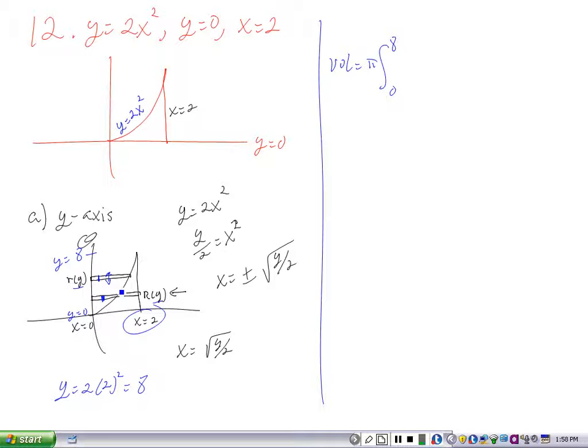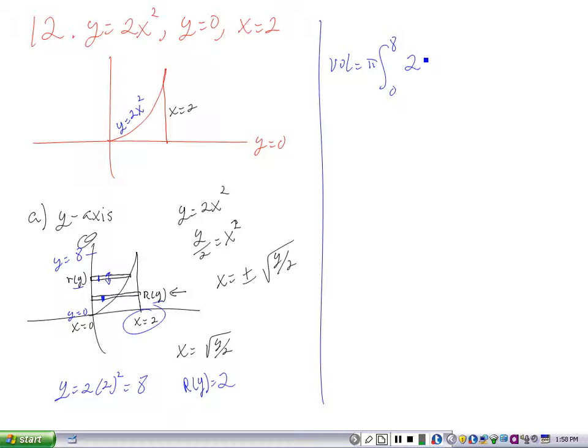And so here it is the big radius, R of y. And the capital R of y, well that's straightforward. That guy is given just to be 2.